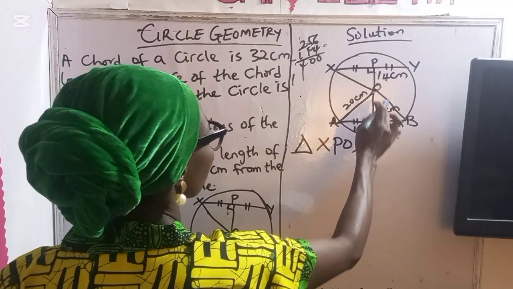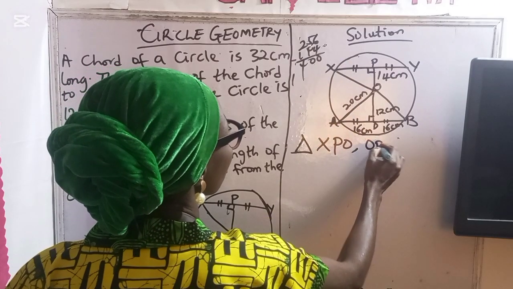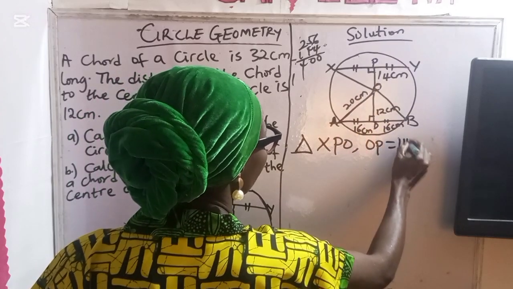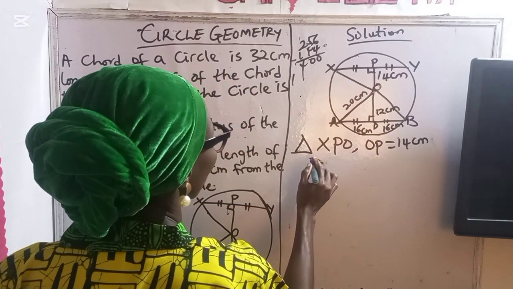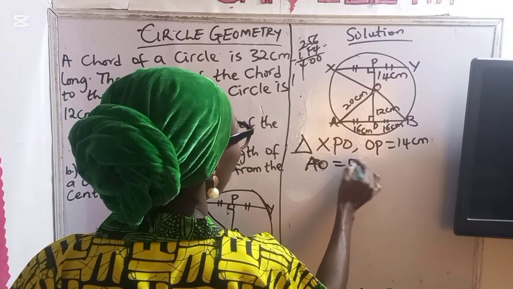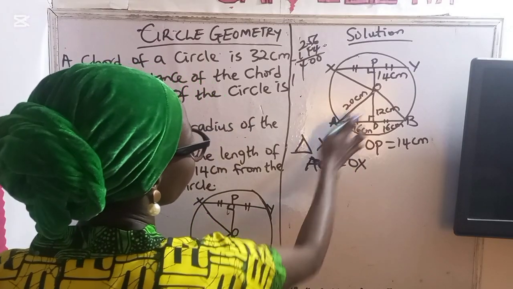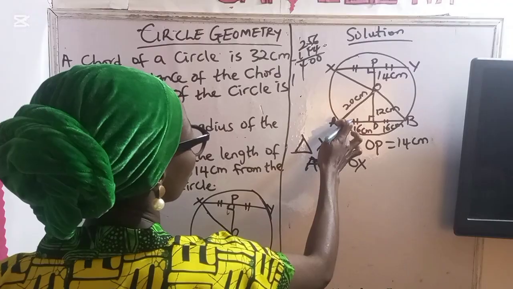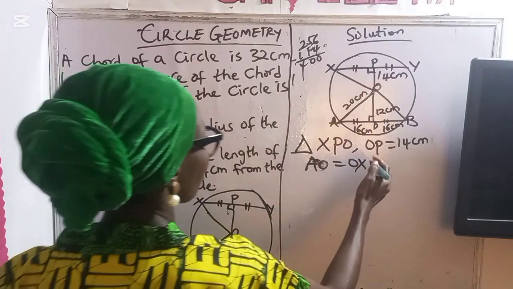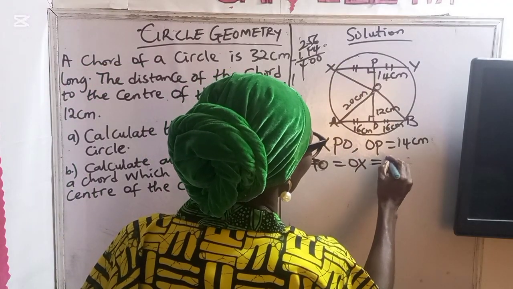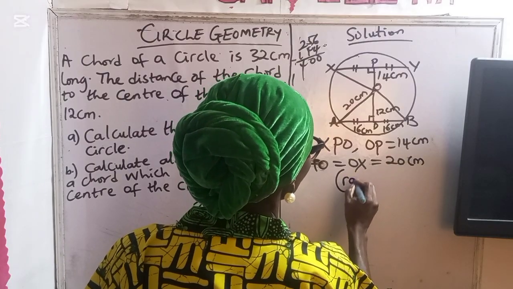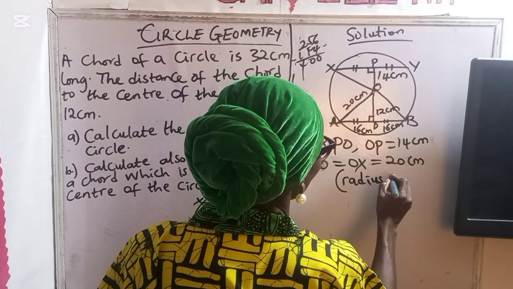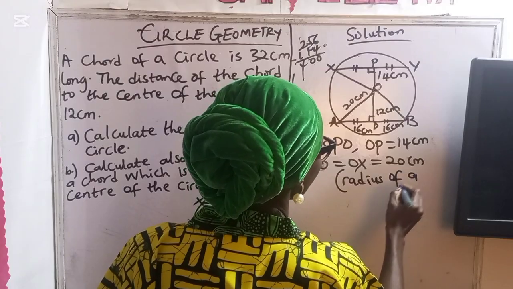This is what we want to calculate now. And OP equals 14 centimeters, right? So AO equals OX. The distance from this center to this place is the same as this place, which is equal to 20 centimeters. That is the radius of a circle.